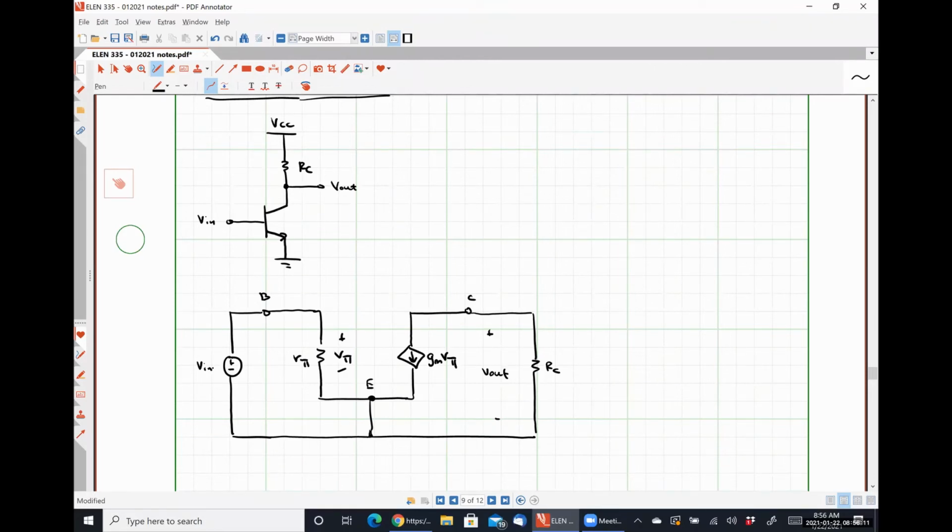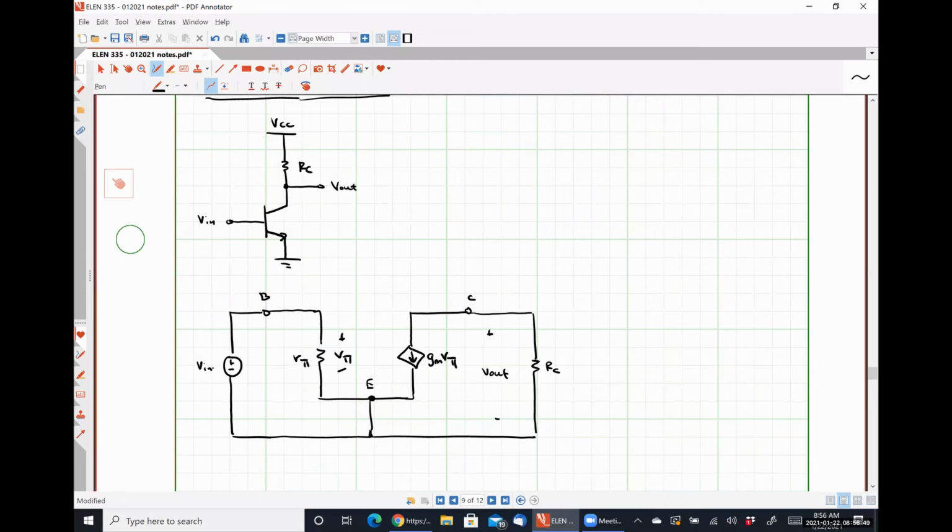So which one do you guys want to knock out first or determine first? Input resistance or voltage gain?